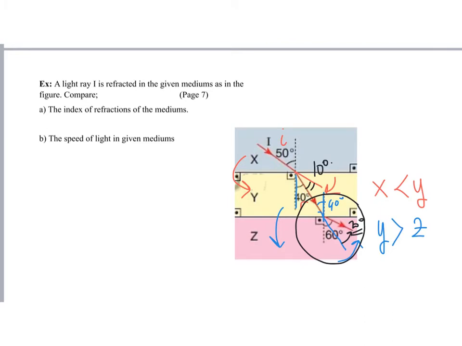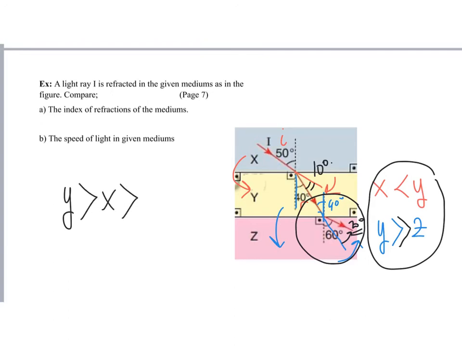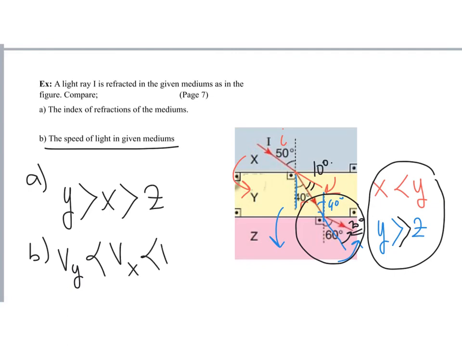So that means that y is much bigger than z. So when we put them in order, y is bigger than x is bigger than z. This is the answer of A. As the speed of light is inversely proportional to the refractive indexes, then the speed of light at y is smallest, then x, then z.